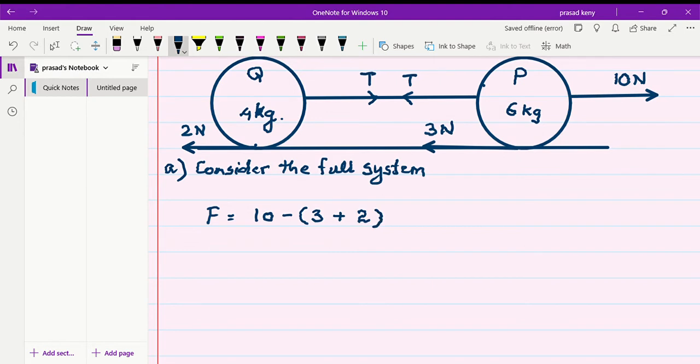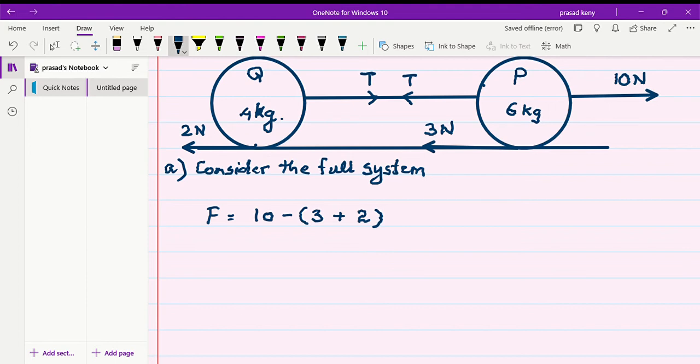Now since I considered the complete system, see that the tensions in the string are going to get cancelled because the tension is uniform and they are equal and opposite, a tension from Q to P and other from P to Q. Both are equal, they are opposite, and hence they are going to get cancelled.